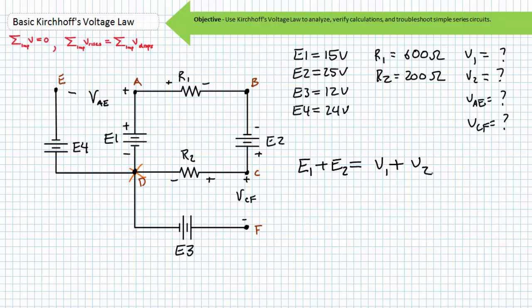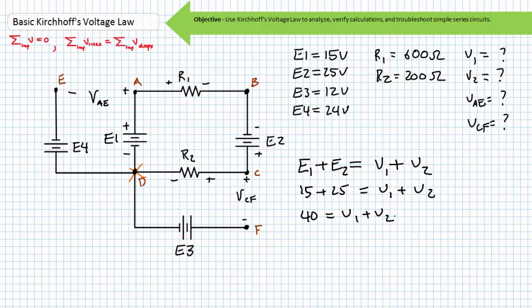Our KVL loop equation for the loop composed of D, A, B, C, and returning back to D is E1 plus E2 equals V1 plus V2. Substituting the given values for E1 and E2 into our KVL equation, 15 plus 25, we find that V1 plus V2 is 40 volts.